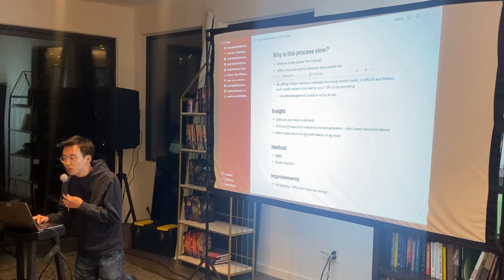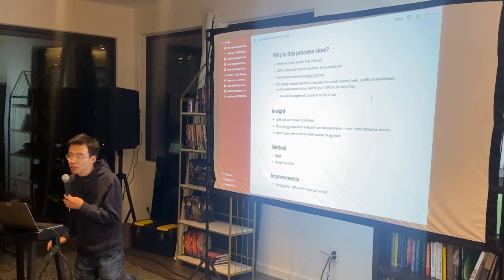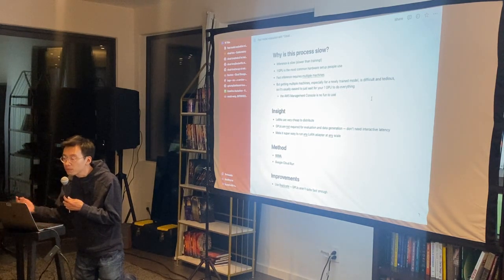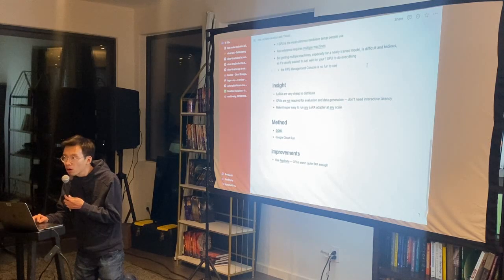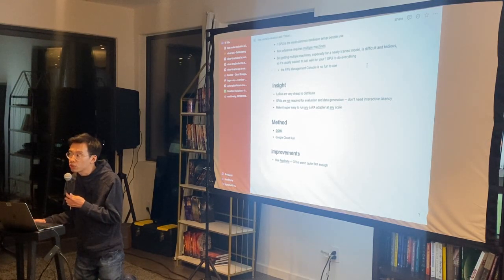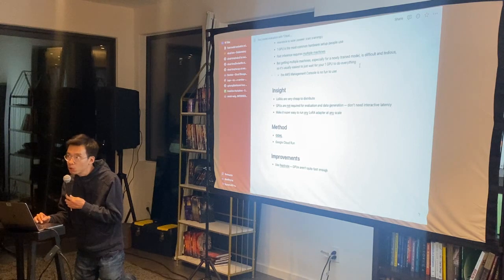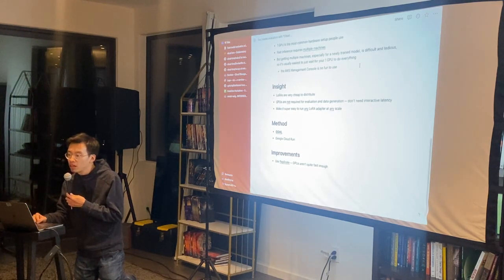But getting multiple machines, especially multiple GPU machines, is a big, big hassle. And also just orchestrating the machines. There are endpoints to let you do serverless inference, but those generally don't support LoRA or custom models very conveniently.